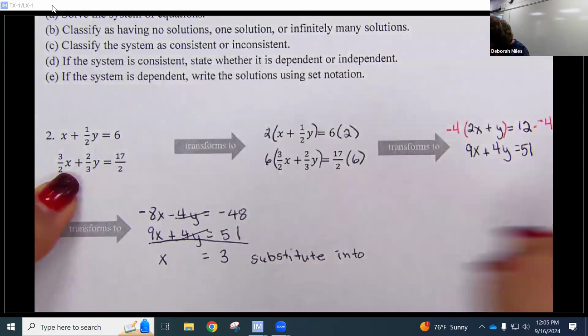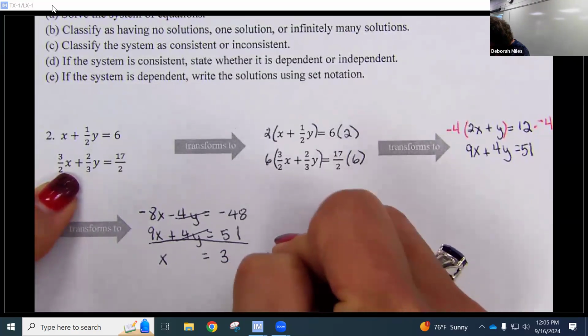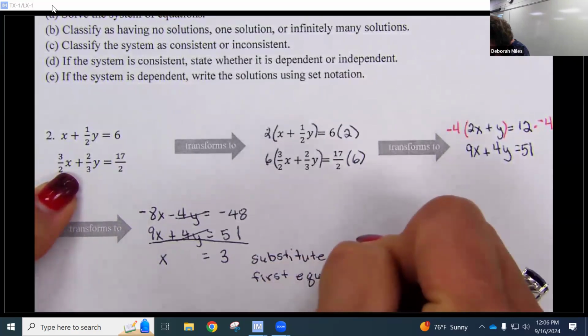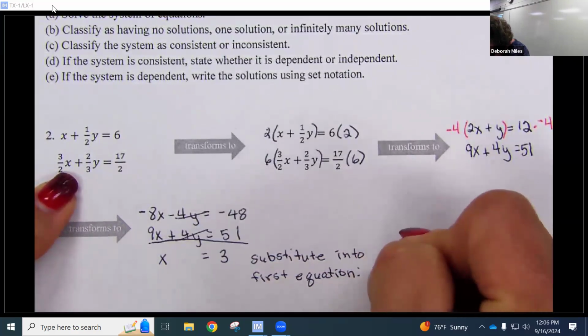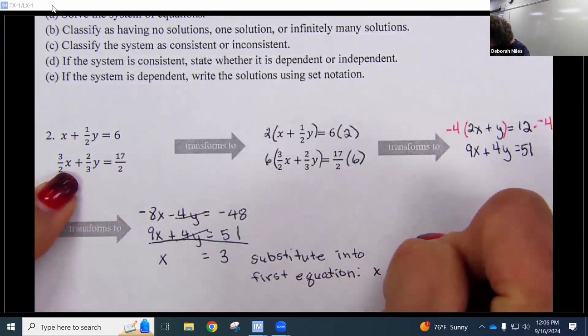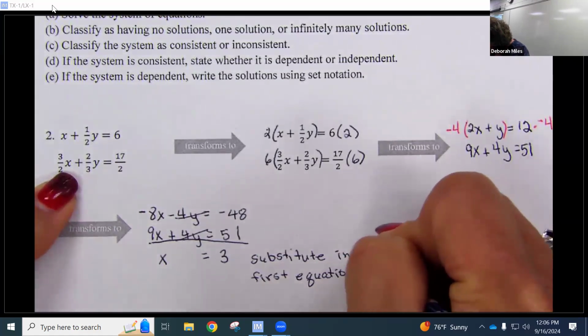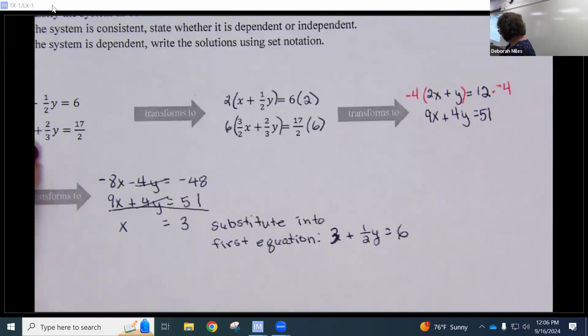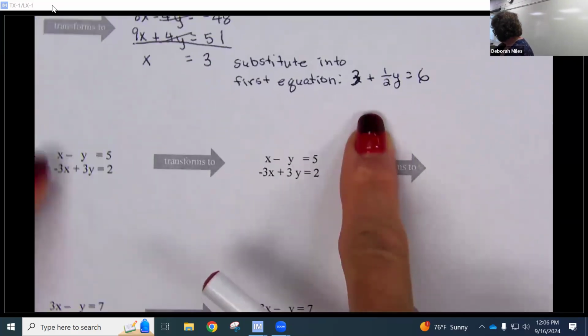Into the first equation. It doesn't have to be the first equation. That one's pretty easy to work with.